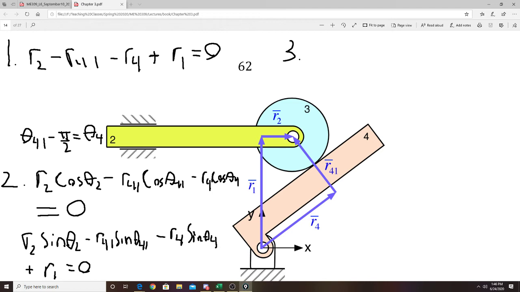I'm trying to get it back to that other side, because like I said, they wrote this kind of dumb. R4 naught plus rho 3 theta 3 naught minus rho 3 theta 4 naught. Okay.